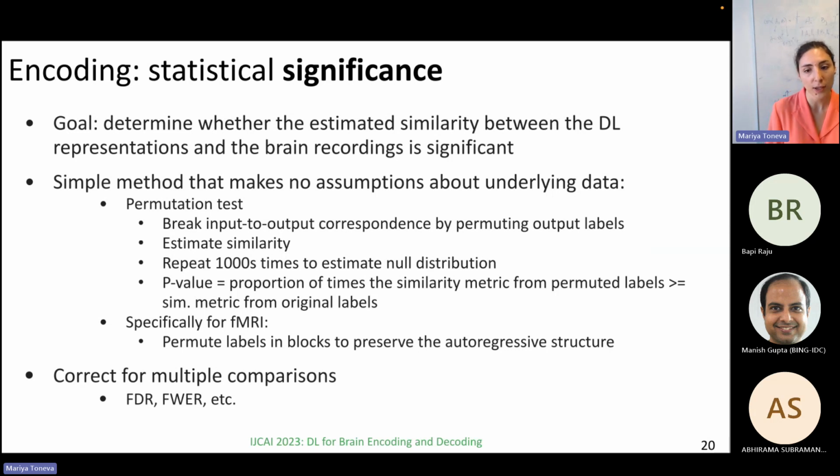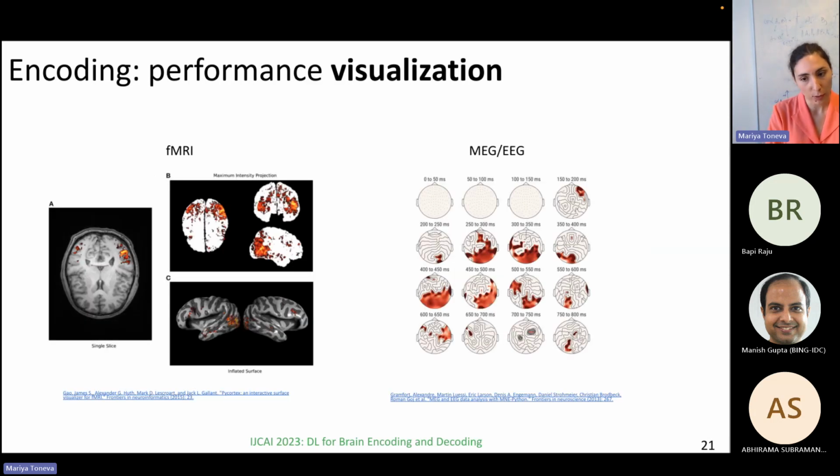So again, it's a very high dimensional vector for all the XYZ coordinates in the brain. So ideally, we would be able to plot it directly on the brain so we can get some kind of understanding that relates to previous work in neuroscience. So there are several different ways to actually plot these scores on the brain. So I'm showing several examples here for different brain imaging modalities.